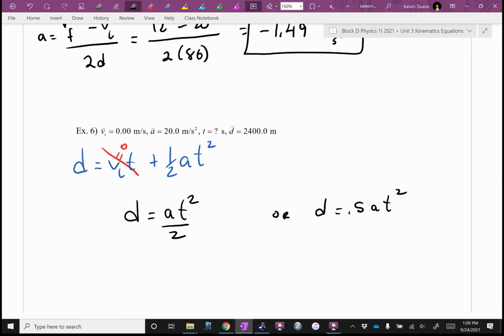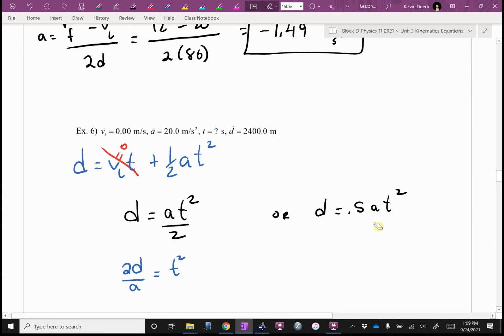What are we trying to get by itself? See it? What's right next to the T? How will I move the A over? Yep. How will I move this 2 over? And I'll end up with this. 2 times D over A equals T squared. You did like the one on the right. Fine.